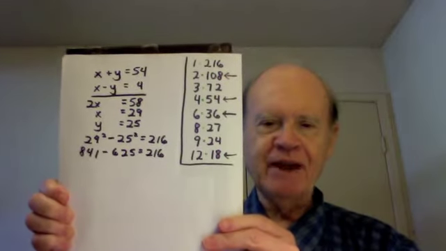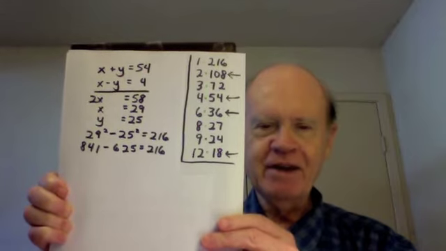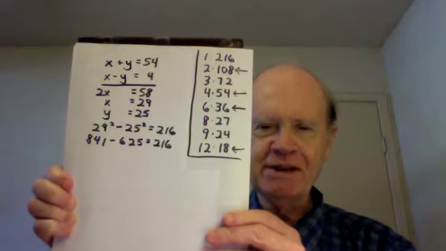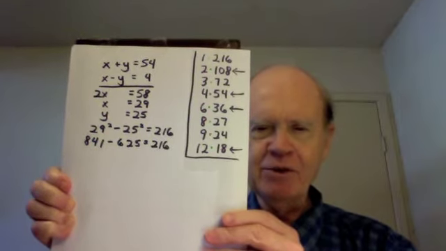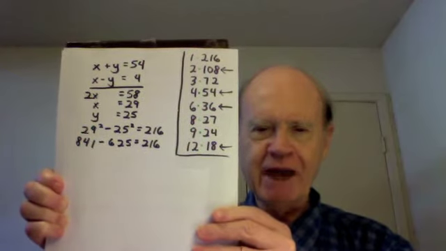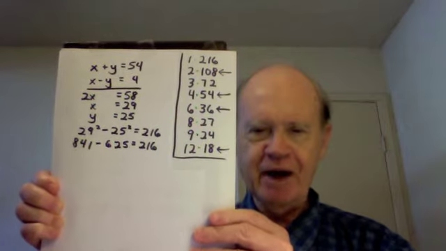That means that 29 squared minus 25 squared equals 216, and indeed that is true. 841 minus 625 equals 216. So in this solution, the larger army has 841 members, the smaller 625 members.